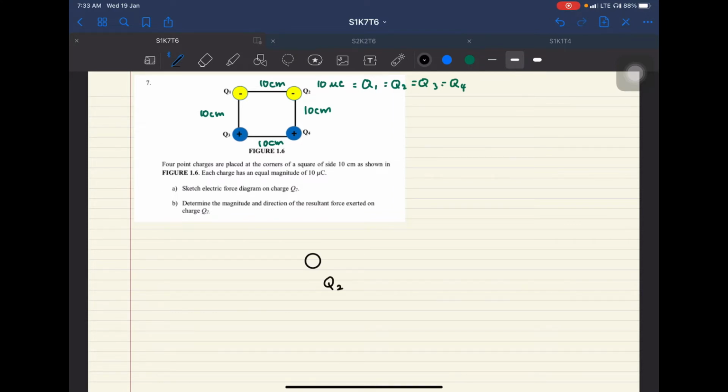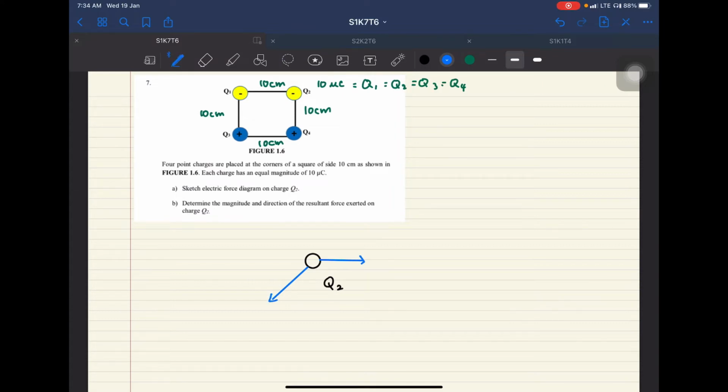Interaction between charge 1 and charge 2: these are equal charges, so they will produce a repulsive force, and in this case it will be to the right. Between charge 2 and 3, these two opposite charges give an attractive force, so it will be towards Q3.